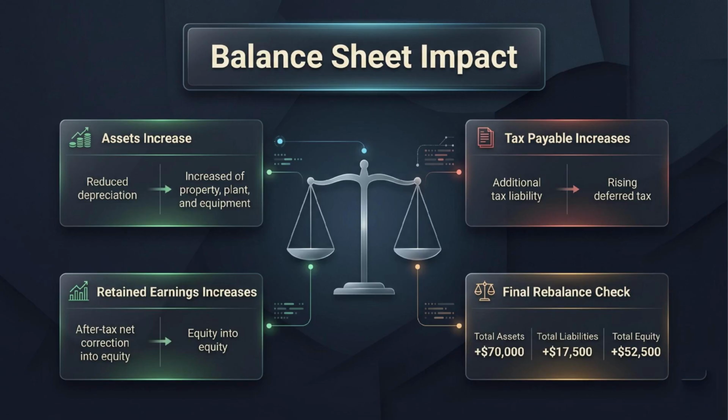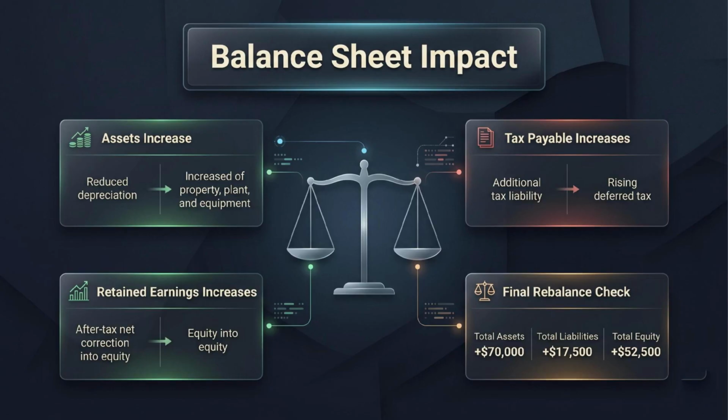Tax payable or related tax liability increases by $17,500 based on the combined tax effects. Retained earnings increases by $52,500 after tax. The equation still holds. Assets increase by $70,000 and liabilities plus equity increase by $17,500 plus $52,500, also $70,000.